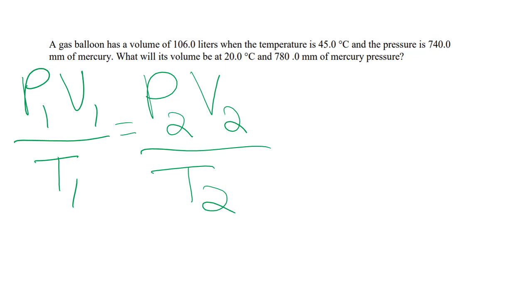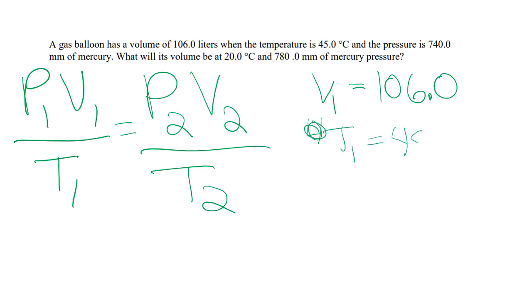A gas balloon has a volume of 106 liters, so volume 106.0. The temperature is 45, so T1 is 45.0 plus 273, and that is 318 K. P1 V1 T1.